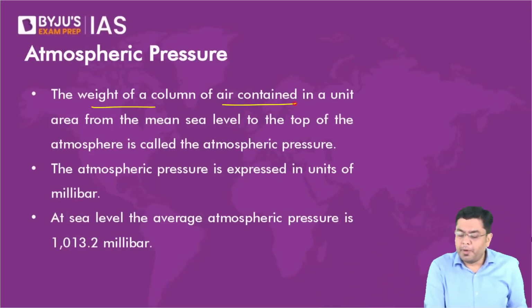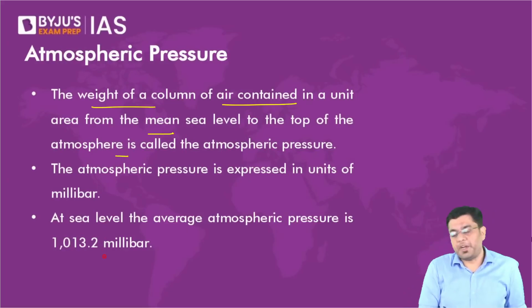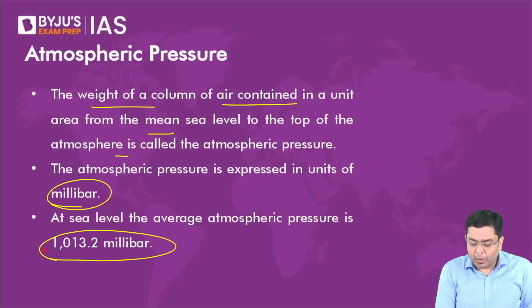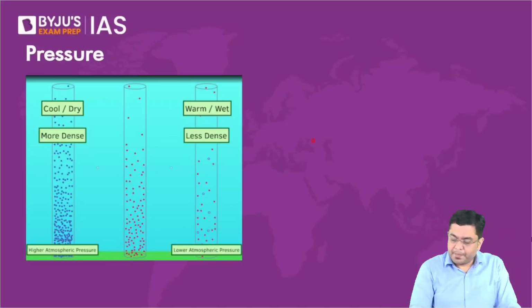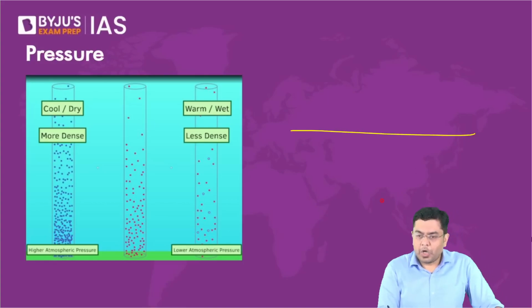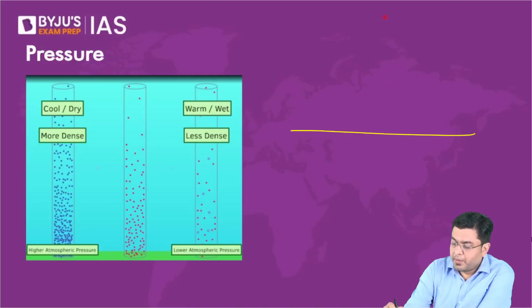So the weight of the column of air contained in a unit area from the top of the atmosphere to almost sea level, that is your atmospheric pressure. This is expressed in the unit referred to as millibar, and a normal average air pressure is around 1013.2 millibar. Now let us understand this. Suppose we consider the Earth's surface or any ground surface. Above it, you will have the air.